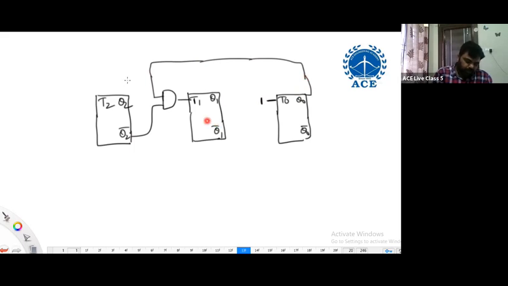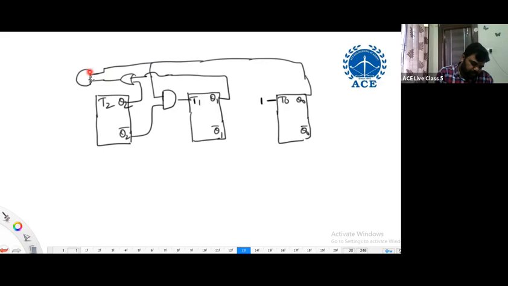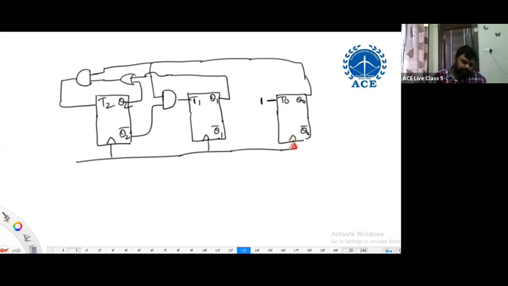It is not required to write the circuit, but I'm completing this also. This is a counter design.